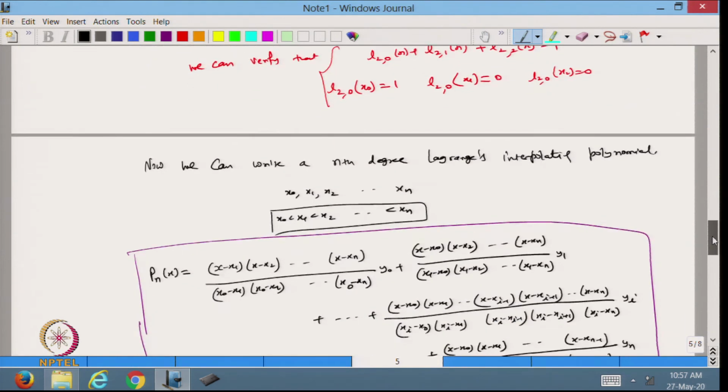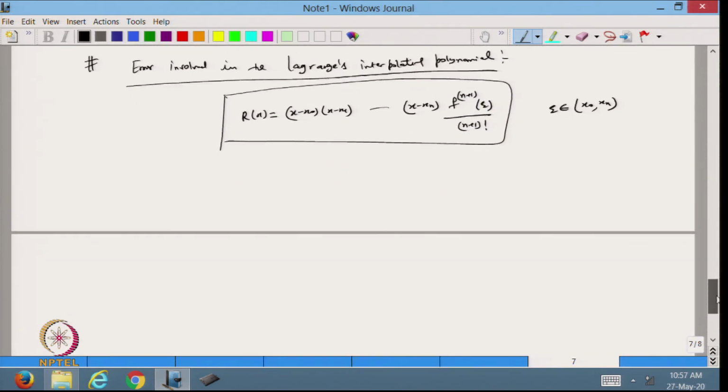So after doing all this, we want to define the drawbacks of this one. So what is the drawback here?